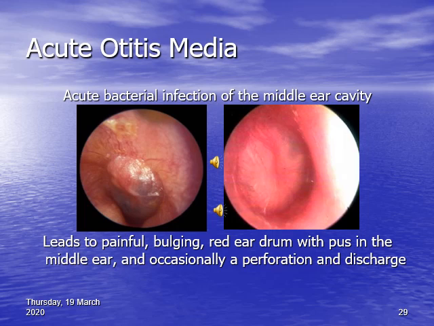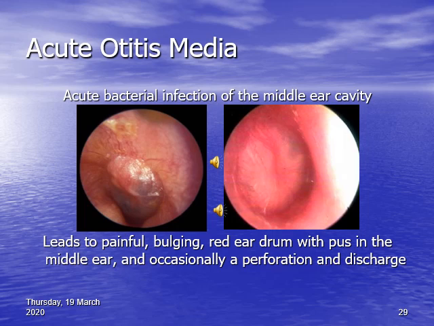Most probably this infection is bacterial, and it will lead to signs and symptoms of acute otitis media, which are pain in the ear, otalgia, deafness, sometimes rupture of the tympanic membrane with discharge, and sometimes more serious complications when the infection is not treated well.